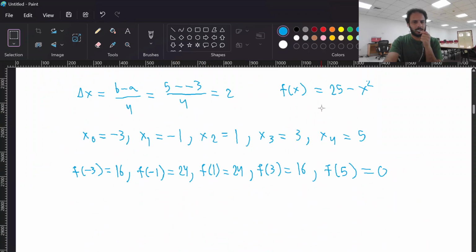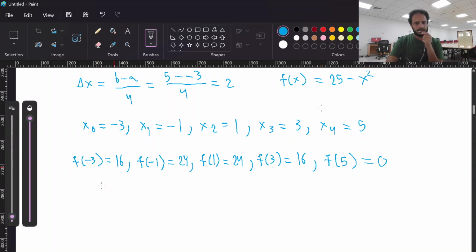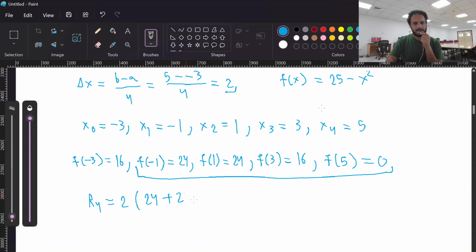Do you remember the formula for right sum? Mm, I don't know if I remember the formula, but I understand it conceptually. So what we have to do, we have to multiply our width, which is for every rectangle 2. Yes. So 2 times. Then because we use 4 and we use right hand, we ignore the first value, which is 16, and we start at 24, plus 24, plus 16, and plus 0.